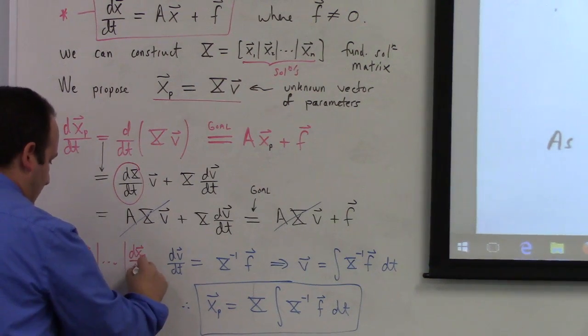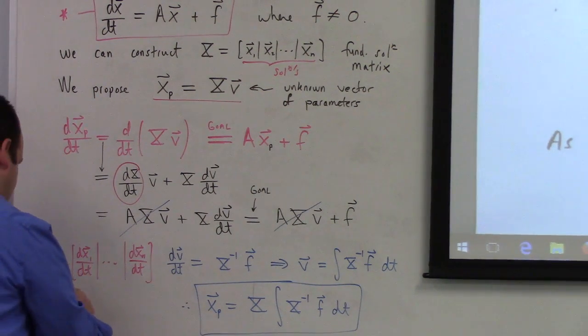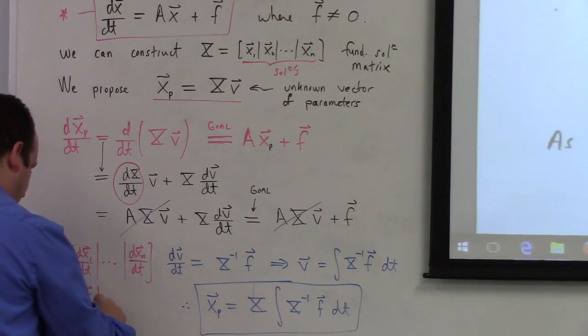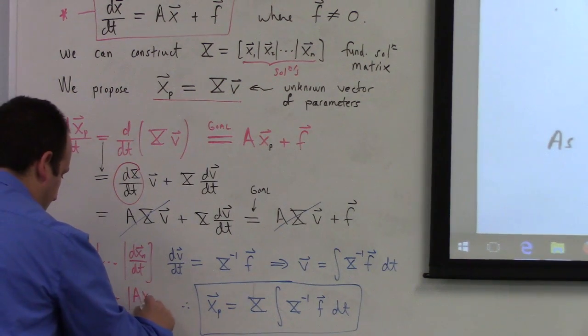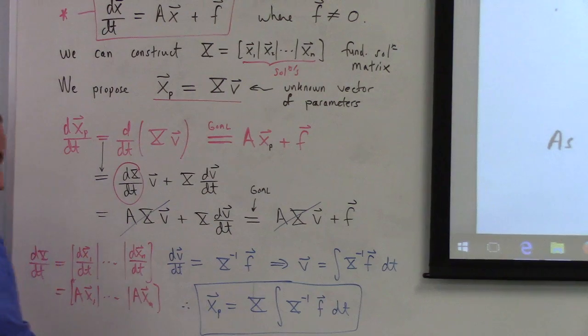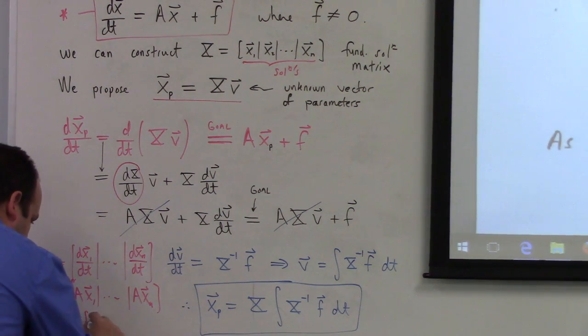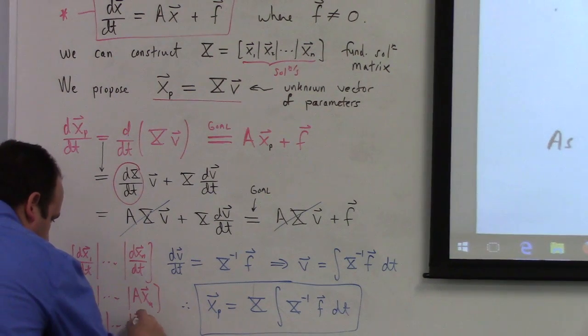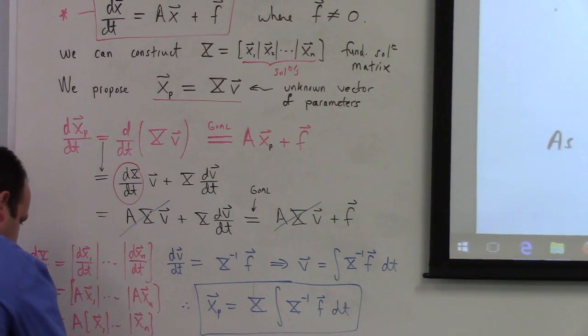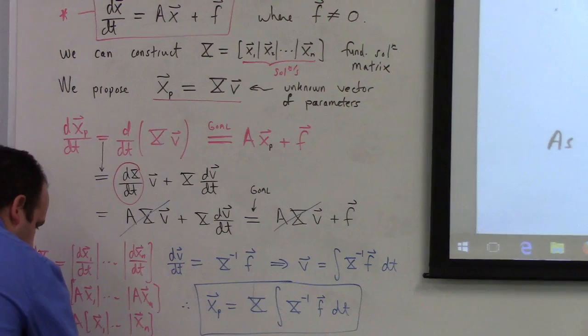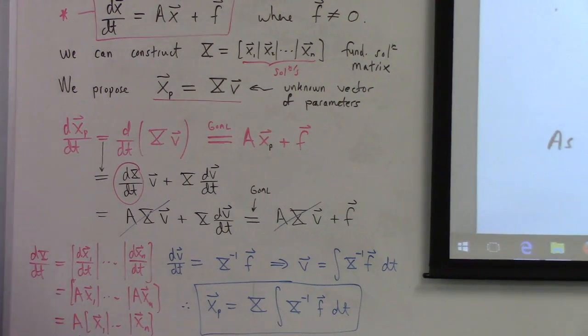But each column is a solution. So that means that's Ax1 through Axn, right? And then by the concatenation proposition, we can pull the A out, which gives me AX. In other words, a fundamental solution matrix is a solution matrix.